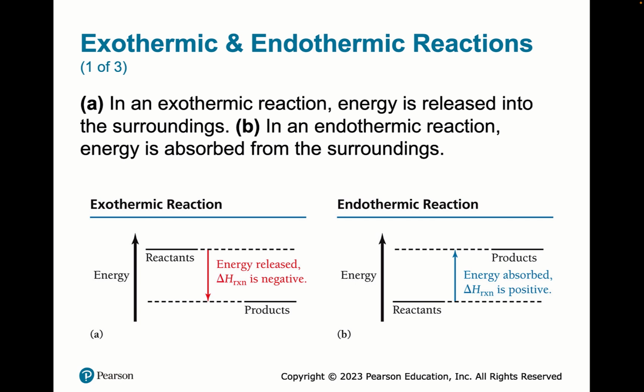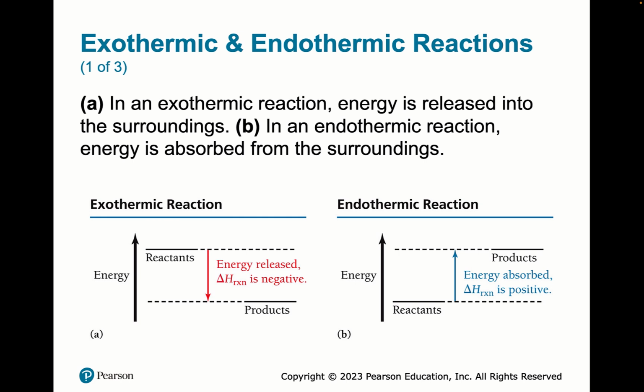So this picture shows it. The y-axis going up is chemical potential energy, and the x-axis is just the reaction coordinate. Starting with the reactants, you go along to the products.